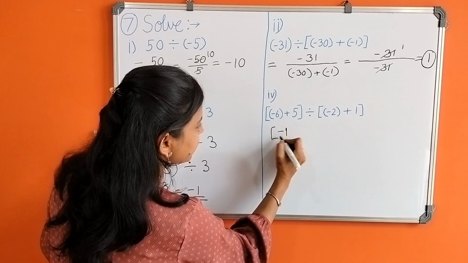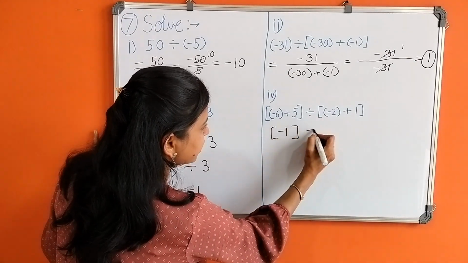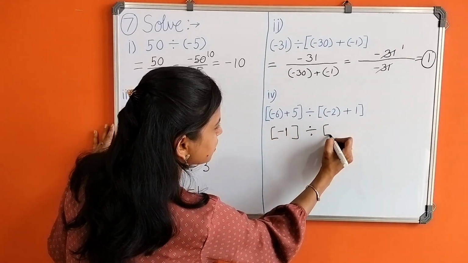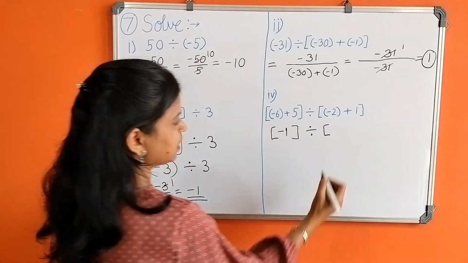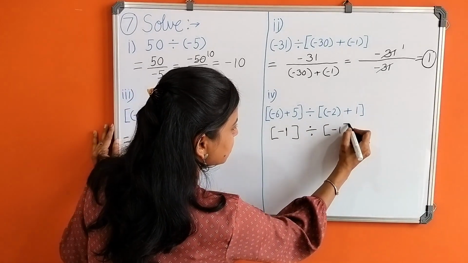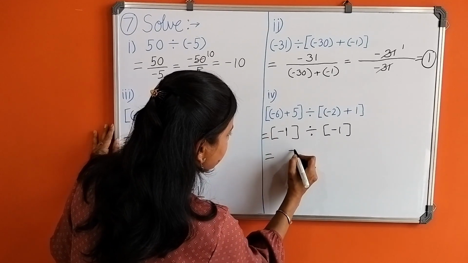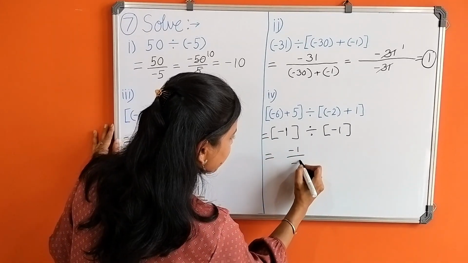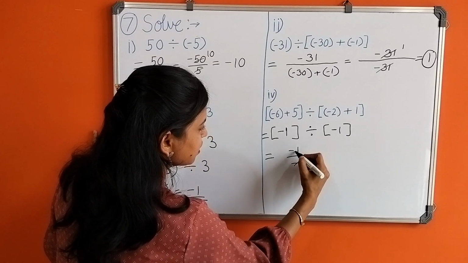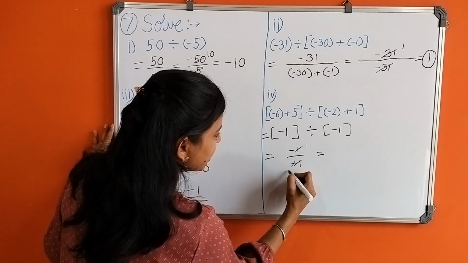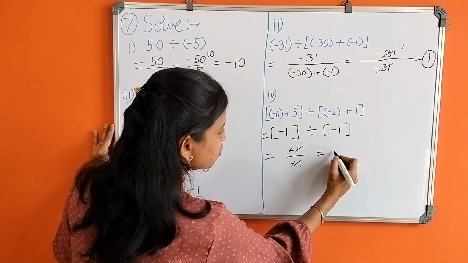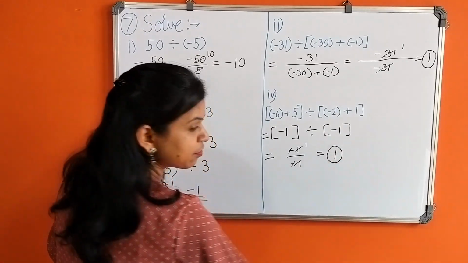So here we are getting -1. Divide. Now, -2 plus 1 is -1, equal to -1 divided by -1. One time. Minus will cut each other. So the answer is 1.